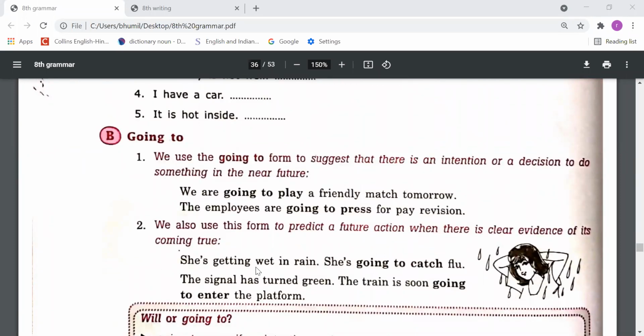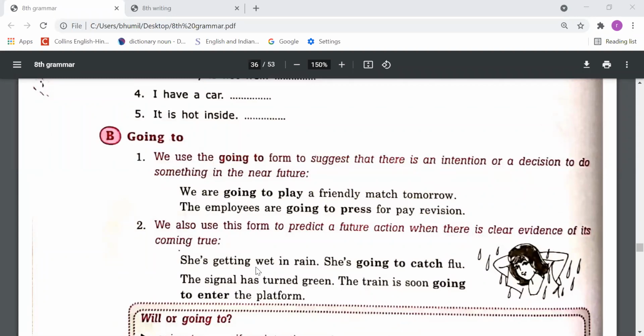Now please come to point B, going to. We use the going to form to suggest that there is an intention or a decision to do something in the near future. We are going to play a friendly match tomorrow. The employees are going to press for pay revision. So dear students, in this point, we have to understand that when we have an intention or we have decided something in the near future, instead of using will or shall, you can use going to.